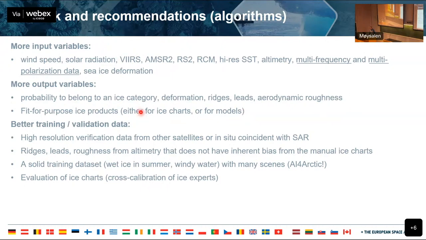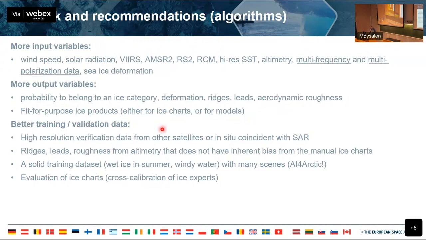One of the recommendations is not to mimic ice charts completely, but to create fit-for-purpose products. It can be either for ice services to help them classify the images, or something that can be assimilated into the models. And that should be different.